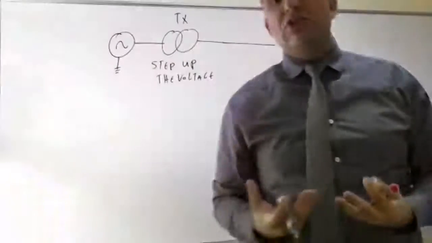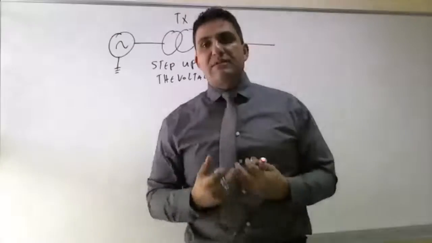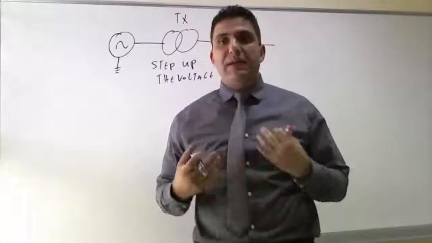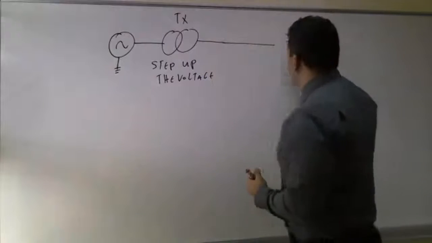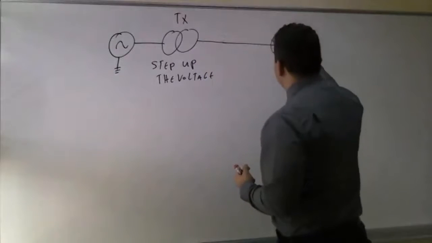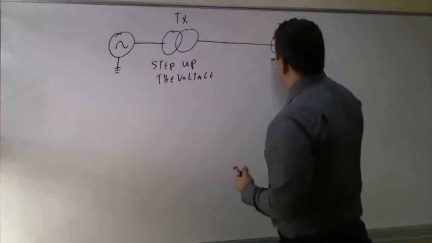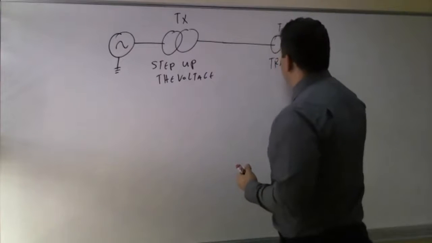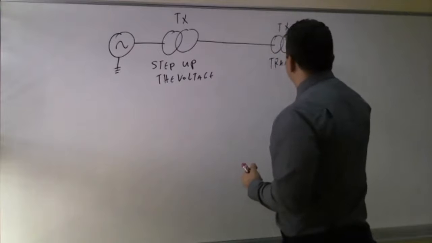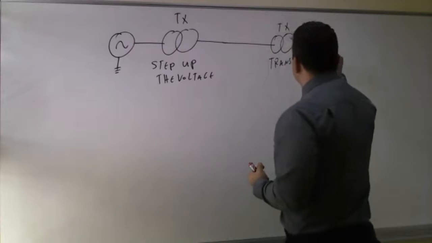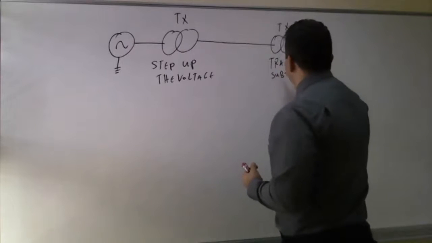Could be a transmission substation, could be a distribution substation, depending on the voltage level. So in here, I will have another transformer. This could be inside a transmission substation.